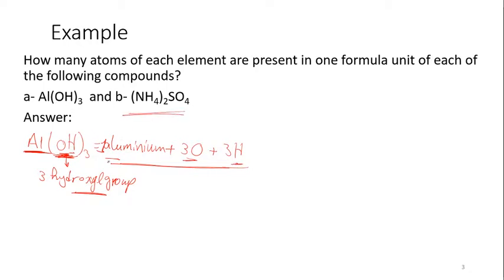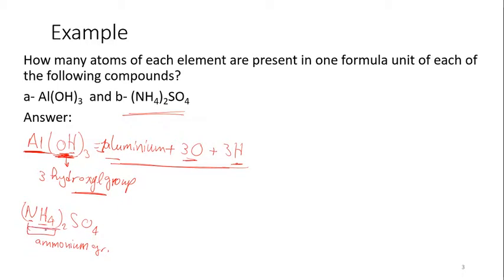Let's look at the second example, (NH4)2SO4. The first part is indicated in capital letters, and it is actually a group called the ammonium group.